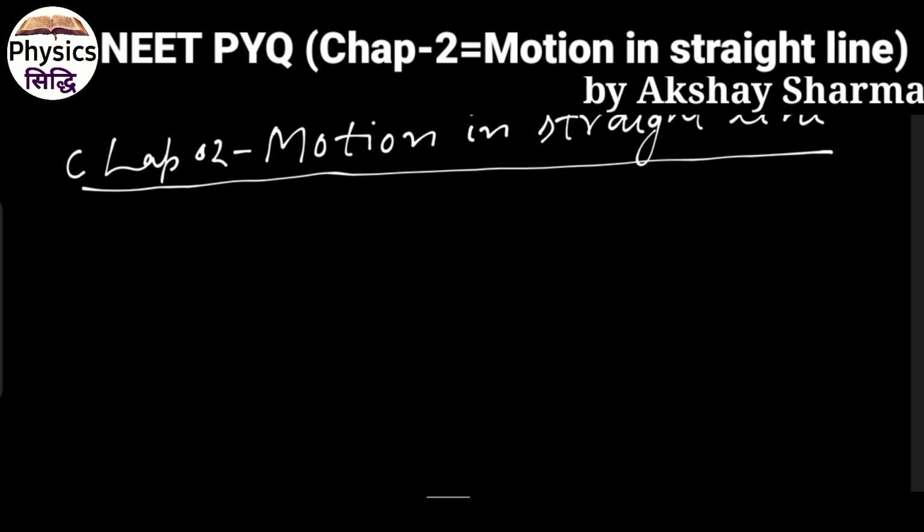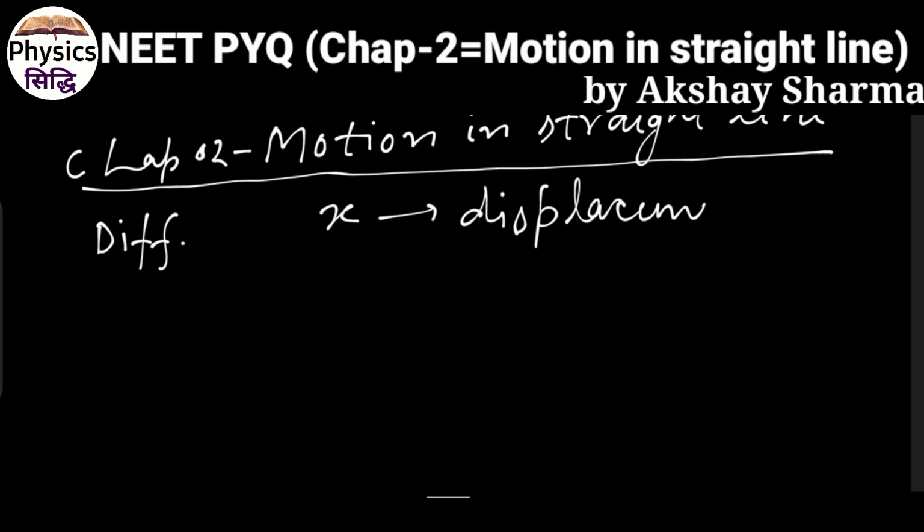So let's start. First of all, you have to know the basic idea of differentiation. For example, if a particle is displaced and the displacement is x, and for that displacement the velocity of that particle is dx/dt.